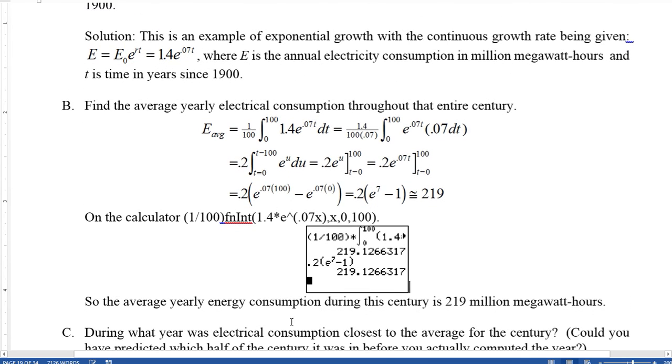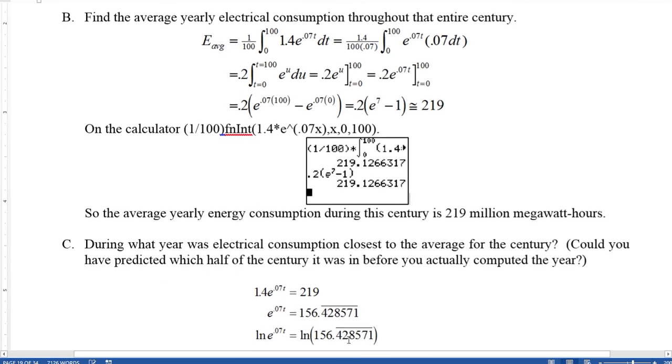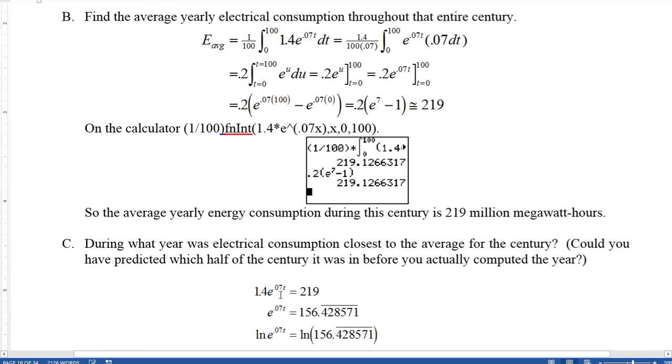In what year was electrical consumption closest to the average? And can we predict ahead of time if it's the first half or the last half of the century? Well, what we're wanting is this 219.12, etc., should be about the same as the function here.